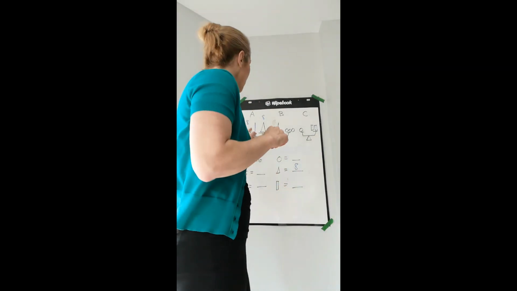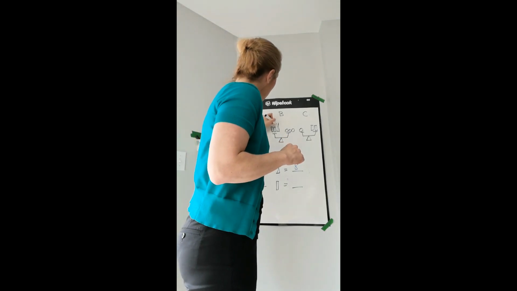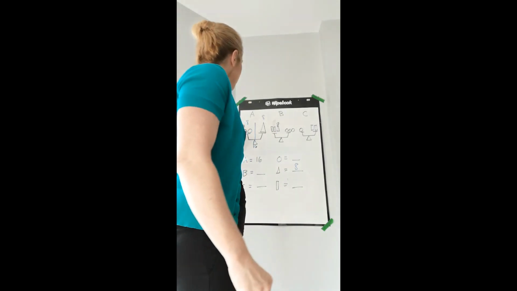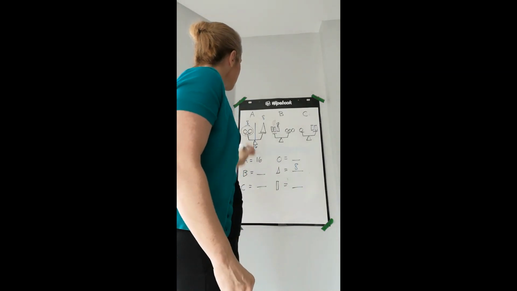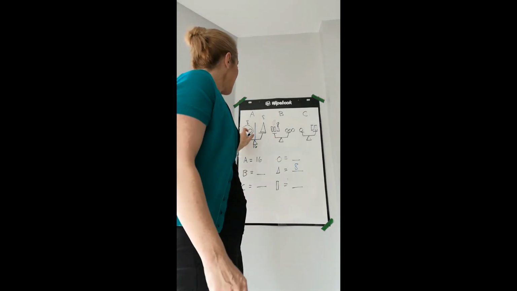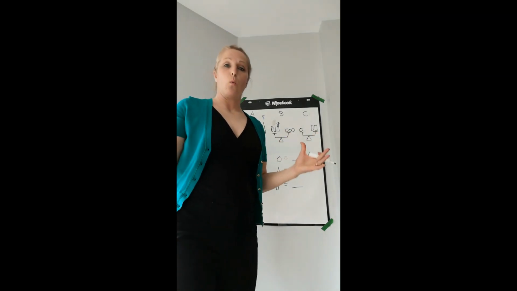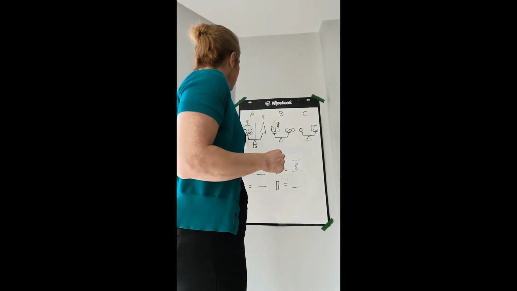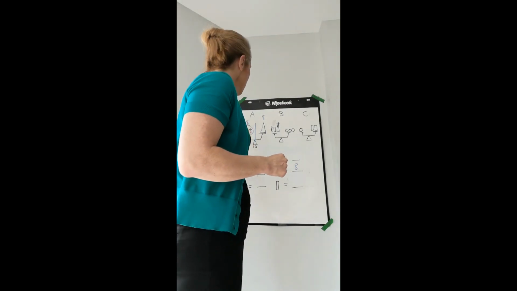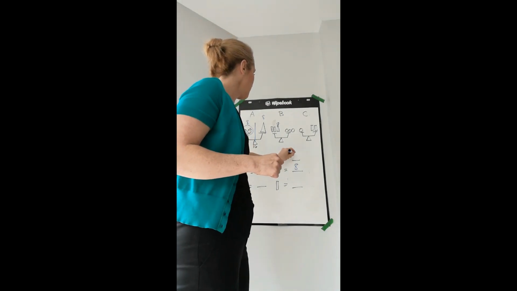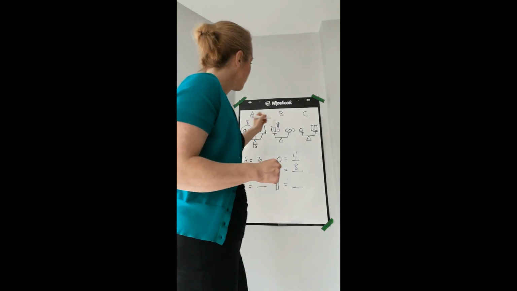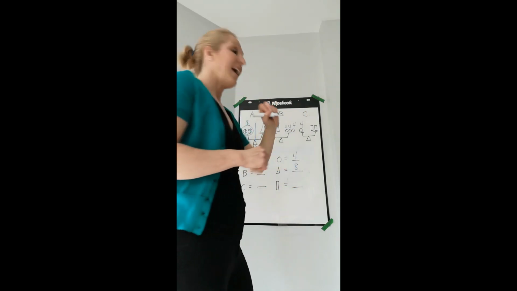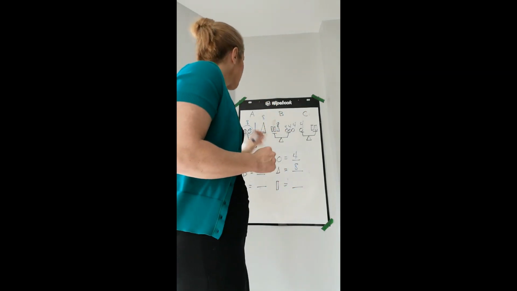So I'm going to write it there. Not only am I going to write it there, but I'm going to put it in here too. If I know that this side has a value of 8 and there's 2 circles, what does that tell me? Well, of course, that tells me that each one of the circles is 4. So I know now that my circles have a value of 4. That means this is 4, 4, 4, and this is 4.